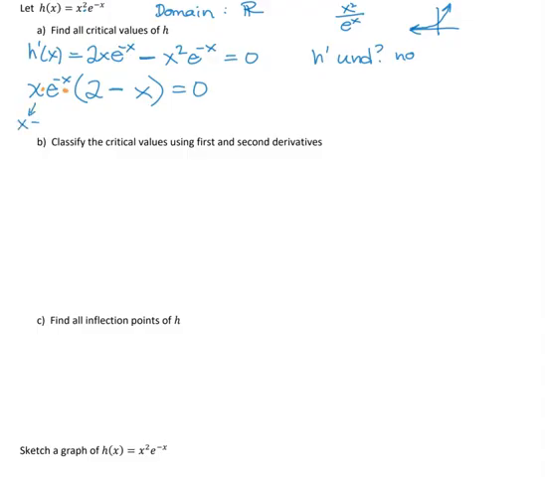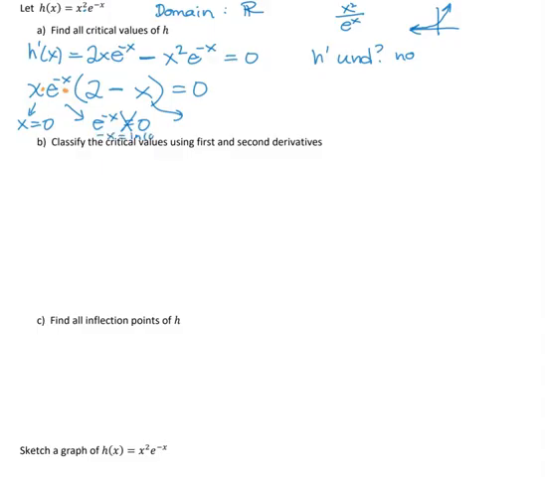So 1, if x equals 0, the whole thing is 0. 2, if e to the negative x equals 0, the whole thing is 0. But as we talked about up above, e to the x is never 0, and 1 over e to the x even more can't be 0. So we end up throwing that away. If you don't spot it immediately, your next step would be to take the log of both sides.